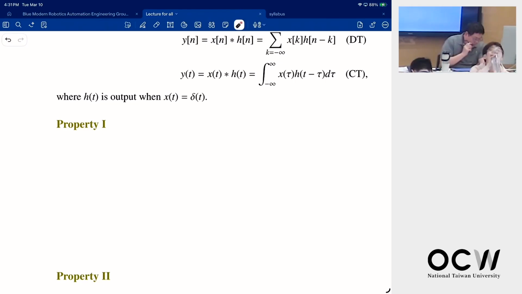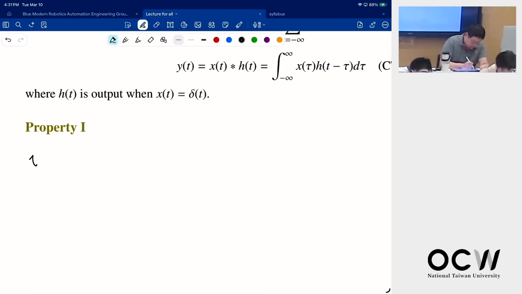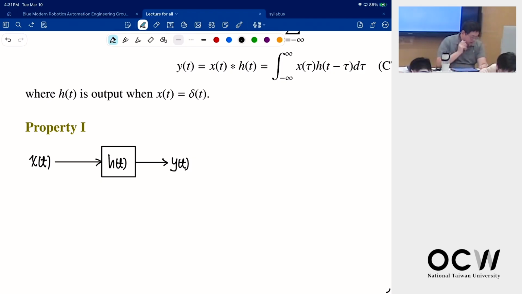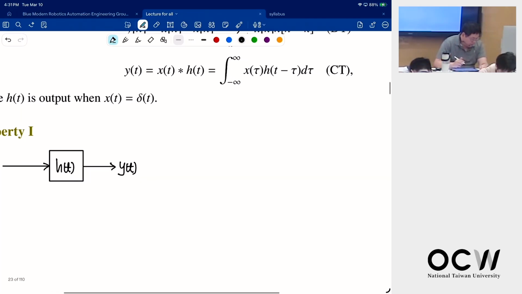So first, let's see the property. Property 1. If I have an input x, and then I send it to the system h, and then here we have our output y.